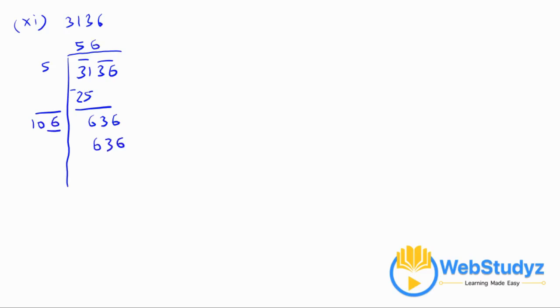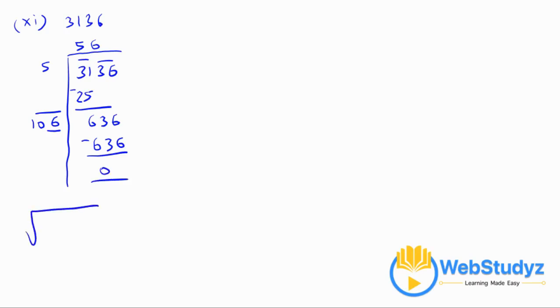Now again pairing them and applying the division method, we have 25, which is 5 square. Subtracting this, we get 636. Now doubling the value of quotient, which is 10, and in blank, if we take 6 here and 6 in quotient, multiplying this, we will get 636. Subtracting this, we will get remainder 0.